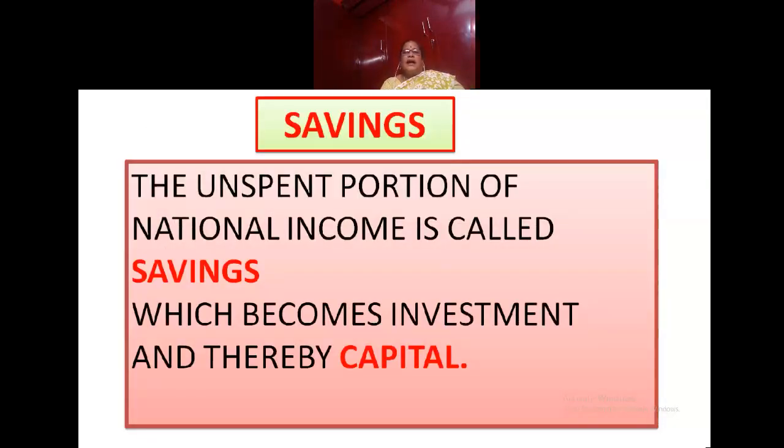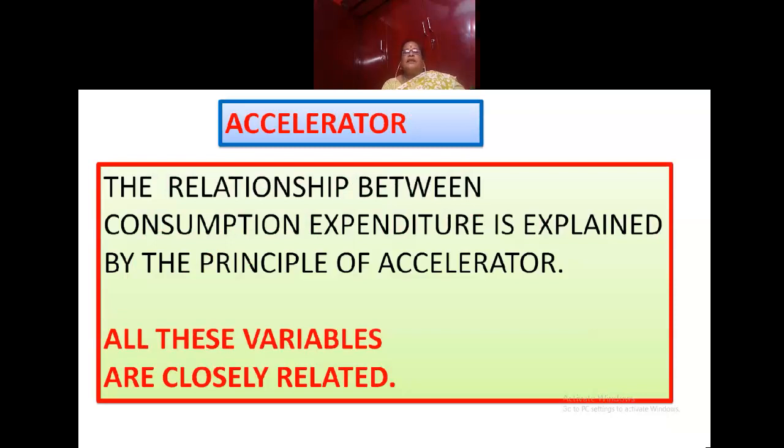Savings. The unspent portion of national income is called savings, which becomes investment and thereby capital. Accelerator. The relationship between consumption expenditure and investment is explained by the principle of accelerator.